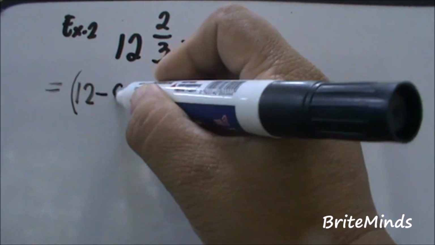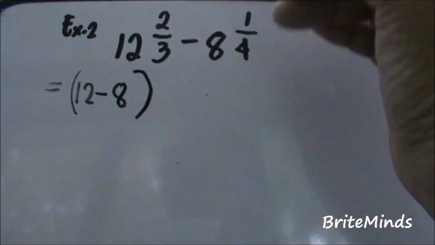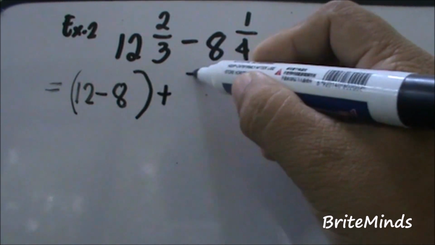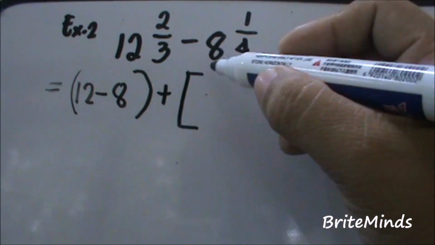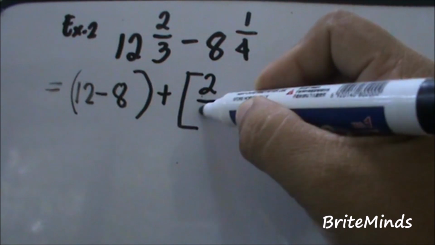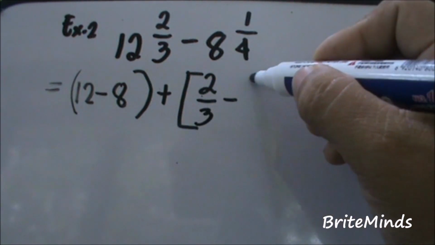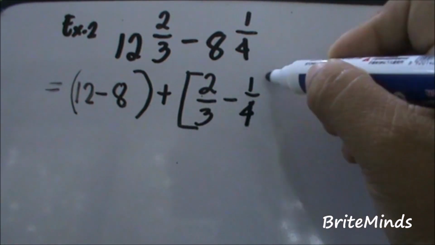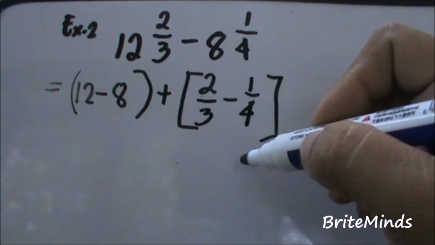12 minus 8, plus, and then 2/3 minus 1/4 on the other side.